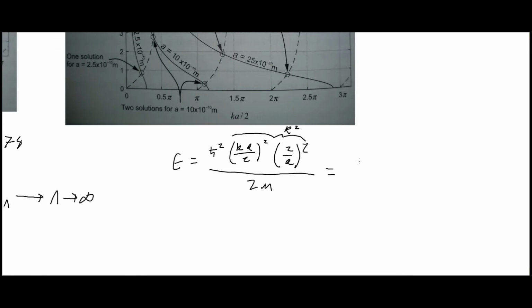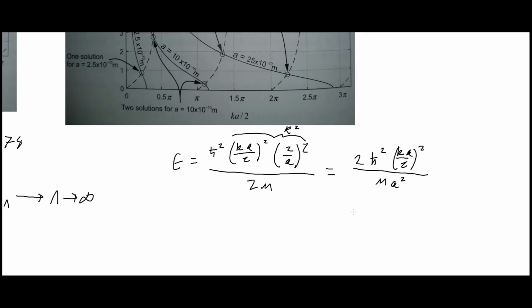This can then simplify down, because 2 squared is 4 divided by 2, so we have 2 h bar squared, Ka over 2 squared, over m a squared. Remember, a in this case is the width of our well here.